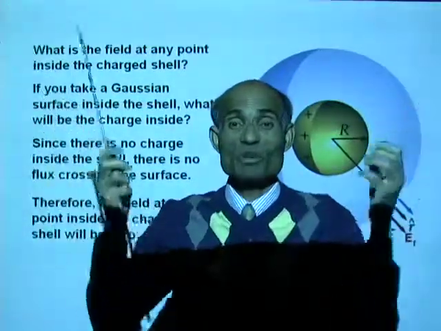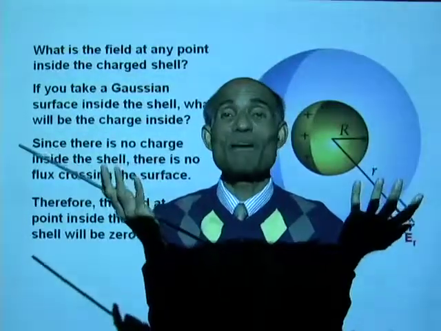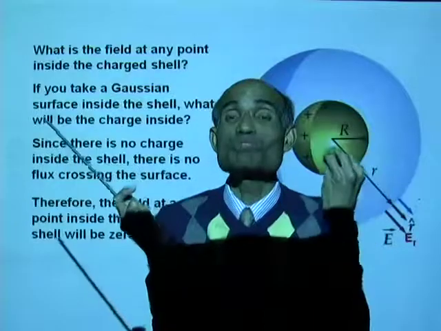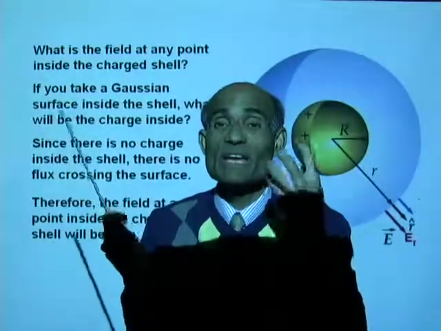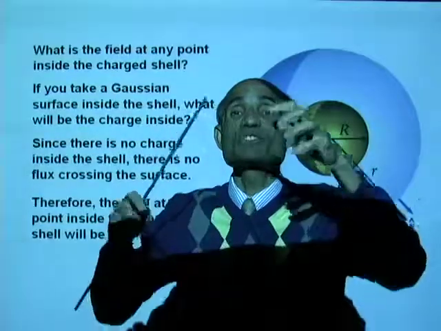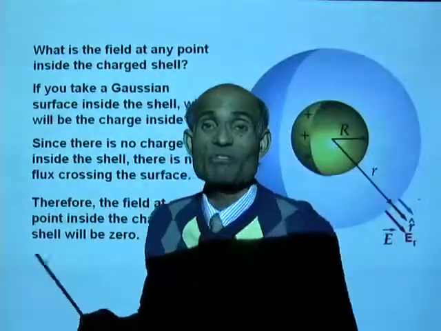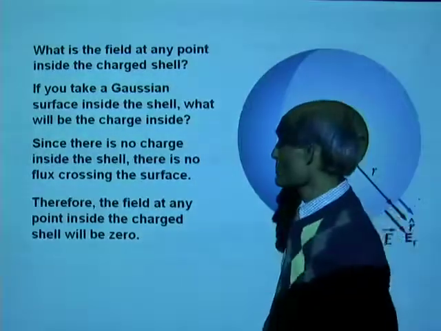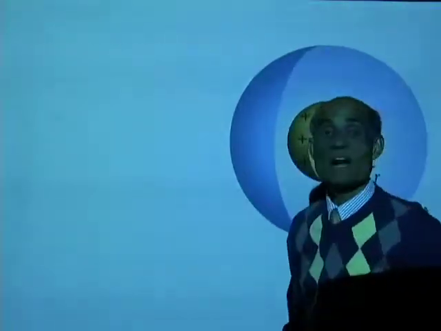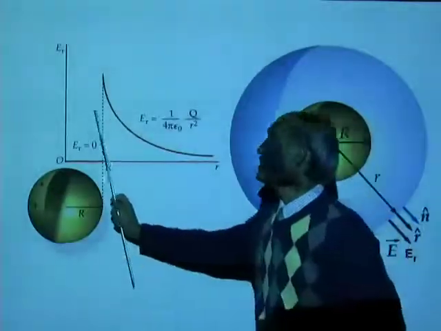And Faraday was comfortably reading inside, not even knowing what was happening outside. There is no electric field inside a charged shell. Inside a charged shell is shielded from electric field. That is a beautiful result. So inside a charged shell, there is no electric field.